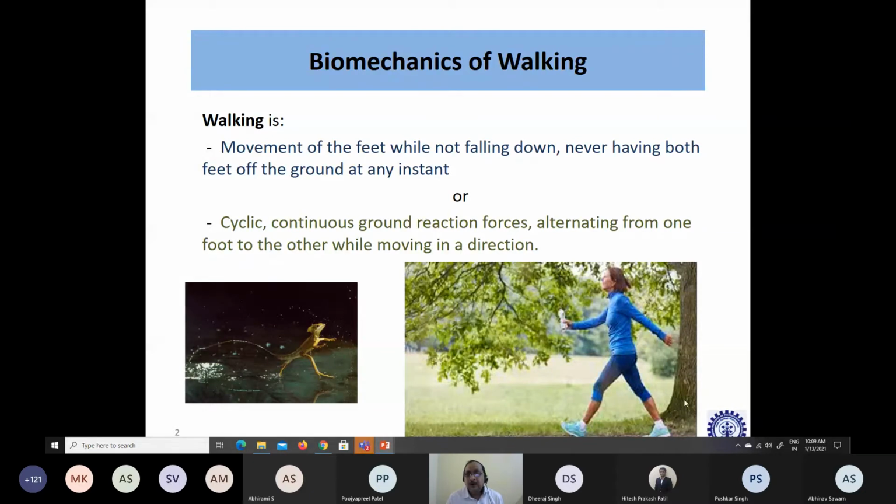It is a sort of bipedal movement, where two feet take part in this activity, a very basic activity which appears pretty simple but is quite difficult to understand and mimic.